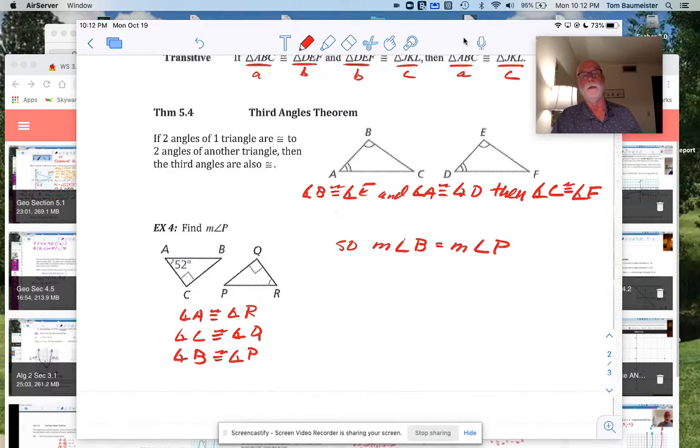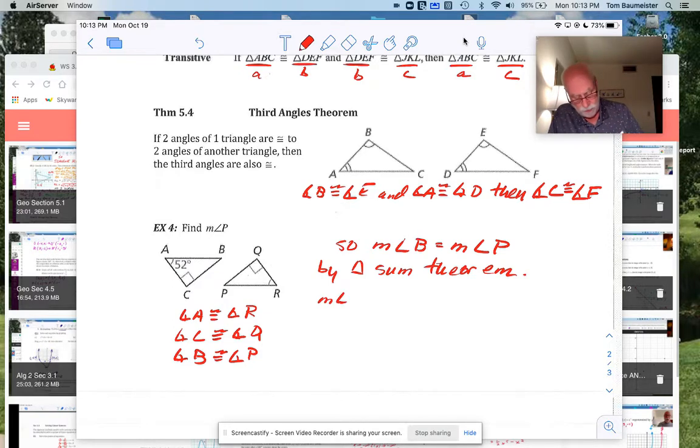All right. So now let's just go ahead and think about this. By the triangle sum theorem, well, let's just go ahead and write it down all at the beginning, right?